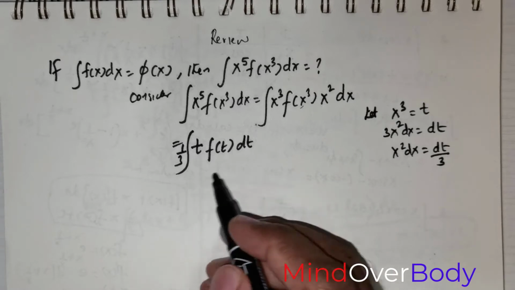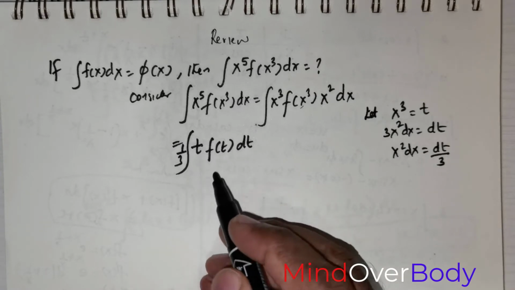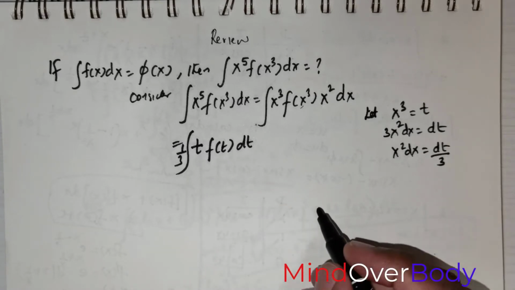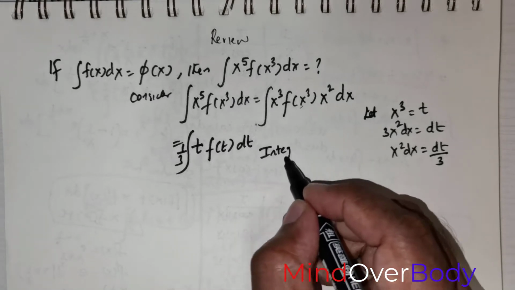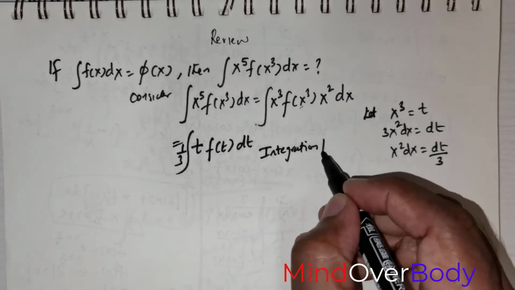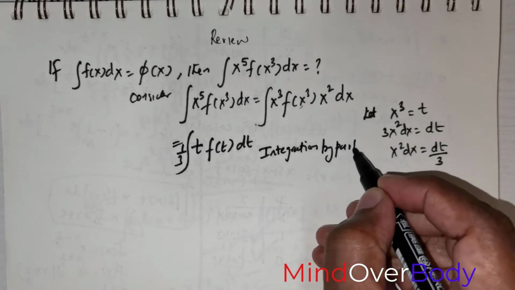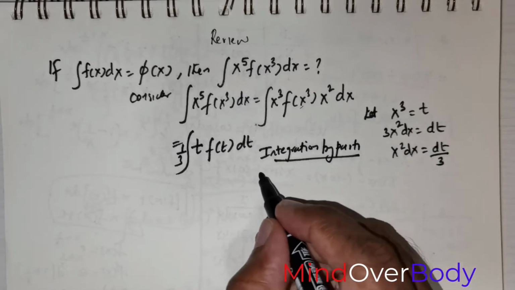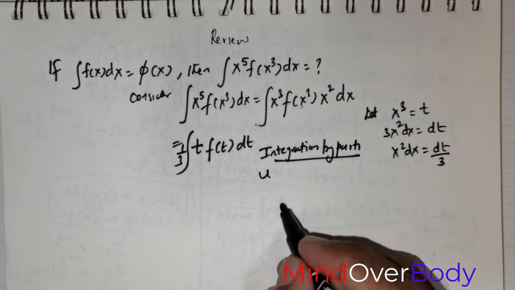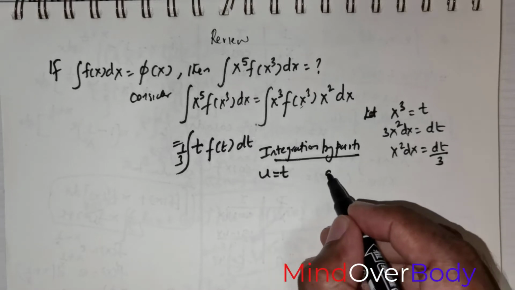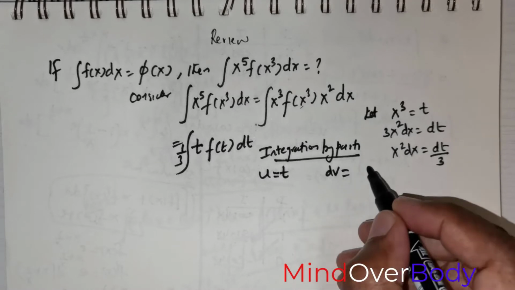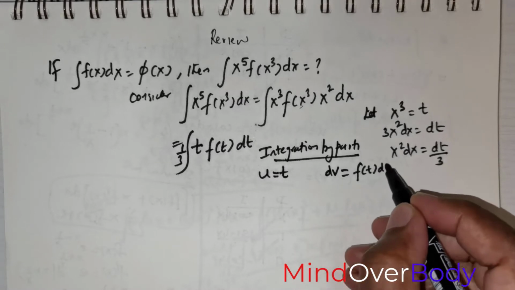Now this is a combination of two functions, right? So I will use integration by parts. By integration by parts, we would assign the value of u to be t and the value of dv to be f of t times dt.